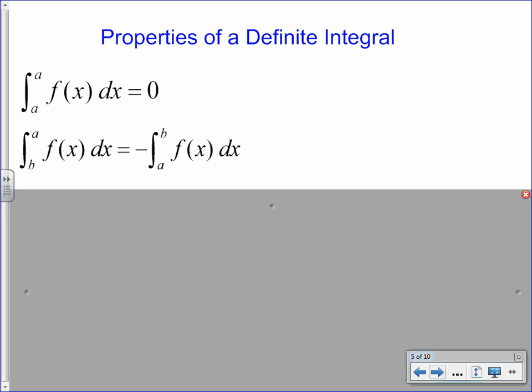The integral from b to a is the same thing as the negative integral from a to b. If we find area backwards, it's negative. That's what it's saying.